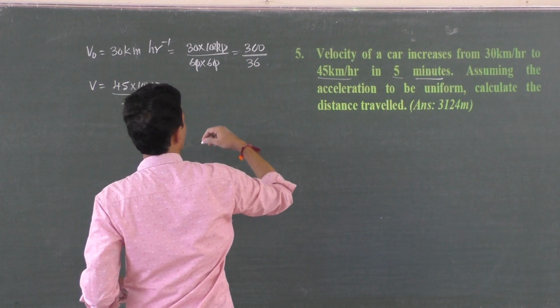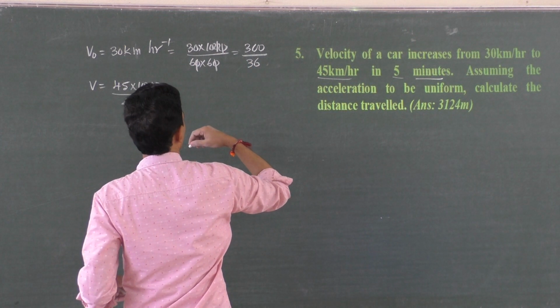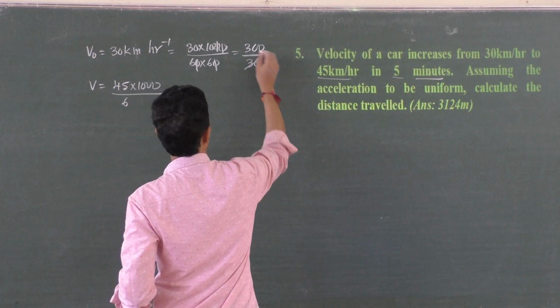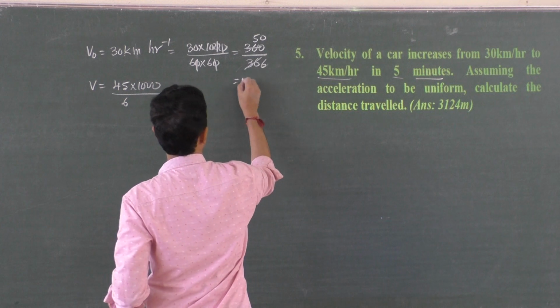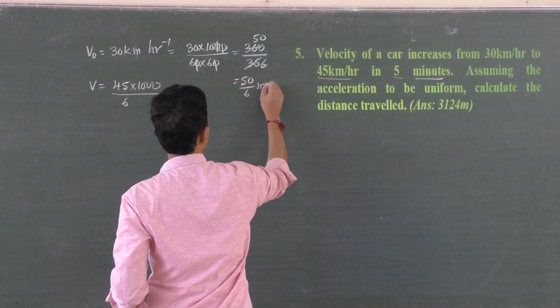So the initial velocity is 50 by 6 meters per second.